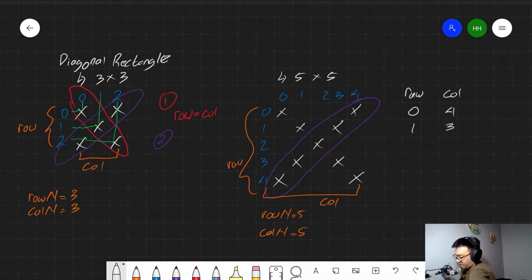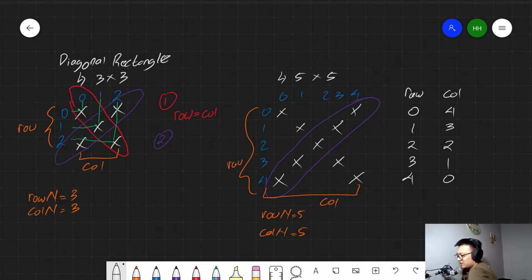Row 2, column 2, row 3, column 1, and row 4, column 0. Do you got the idea already?